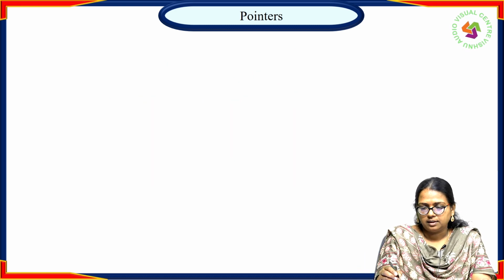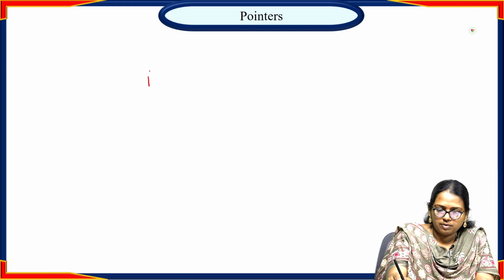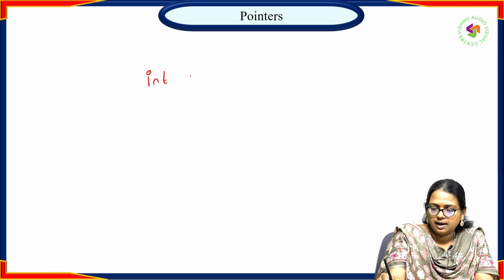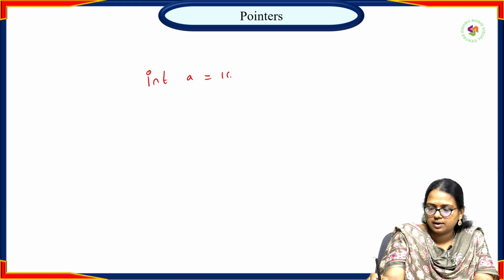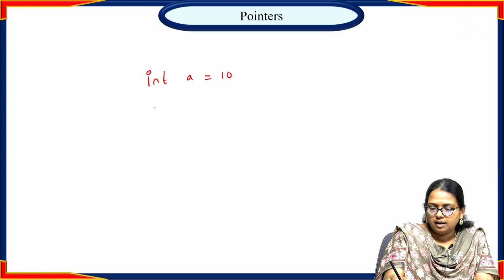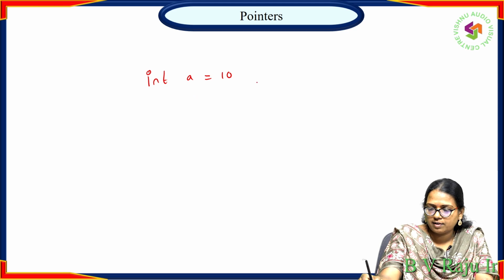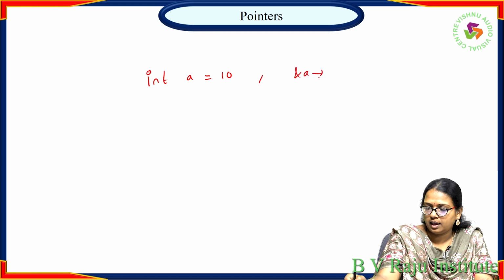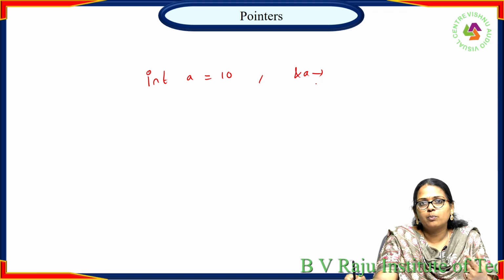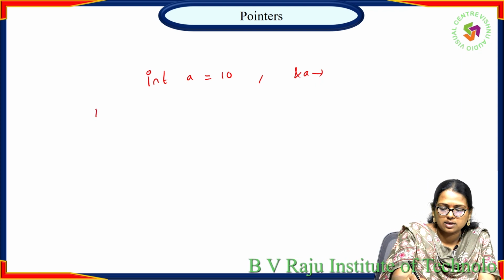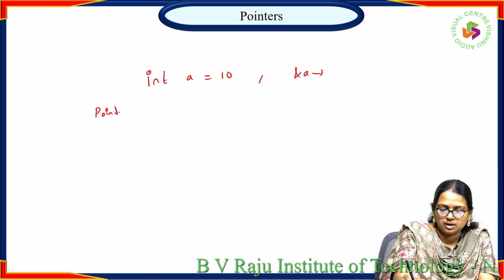Now, if we declare a variable int a equals to 10 and if I want to store the address of a, then we should declare one special variable known as pointer variable.